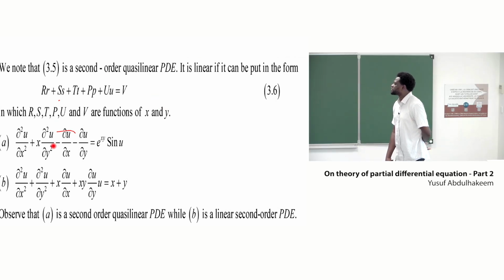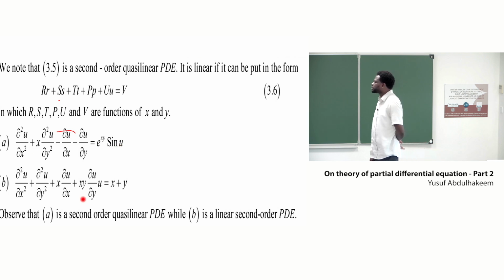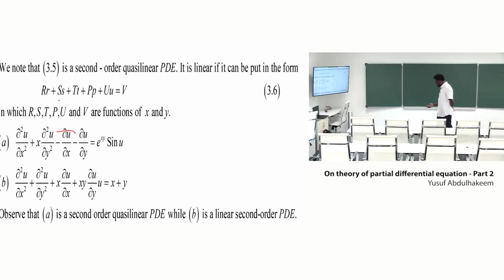You can see the coefficient of this term, and this term, and this term. You can see this one is quasi-linear because it has this as a coefficient of the derivative. This differential equation is also a quasi-linear differential equation, just as we discussed them yesterday.